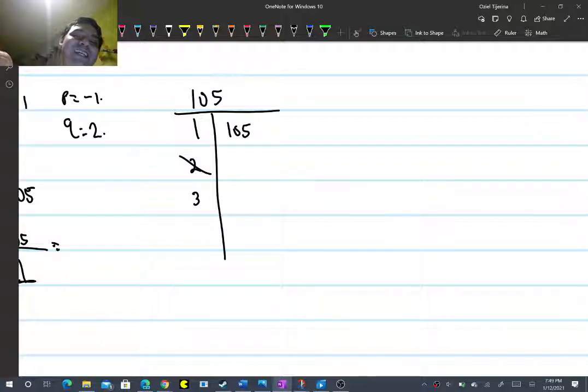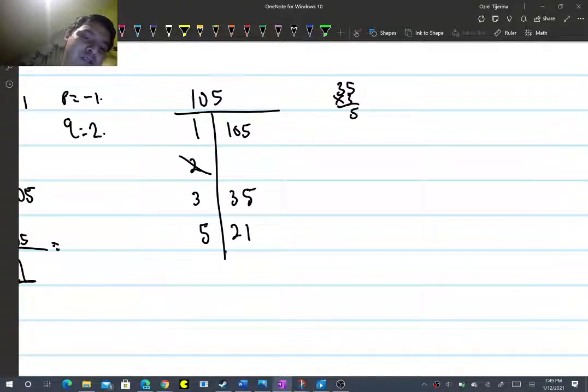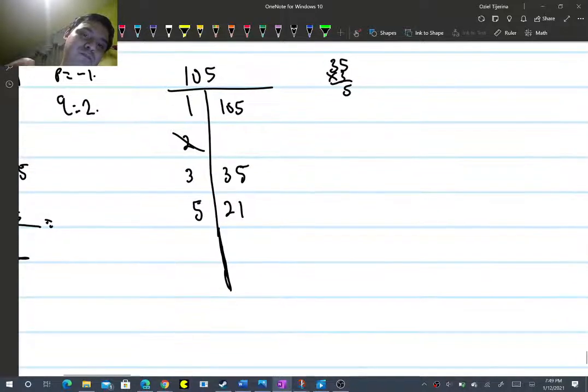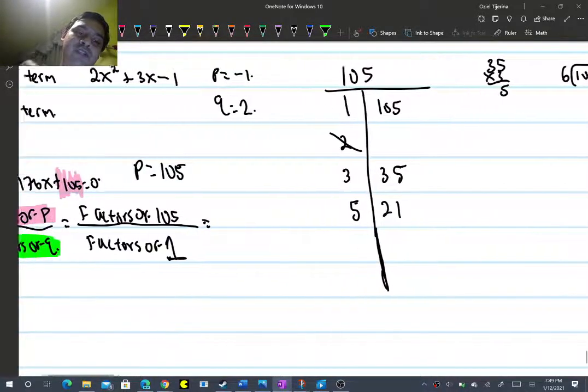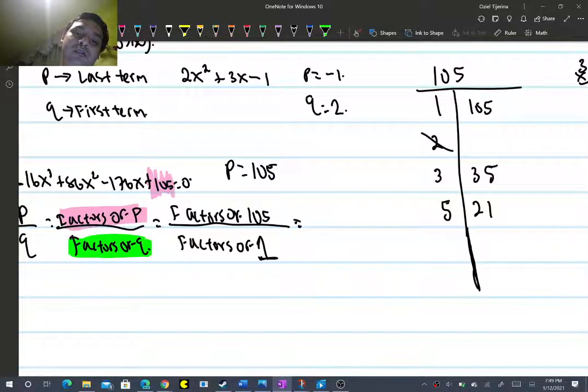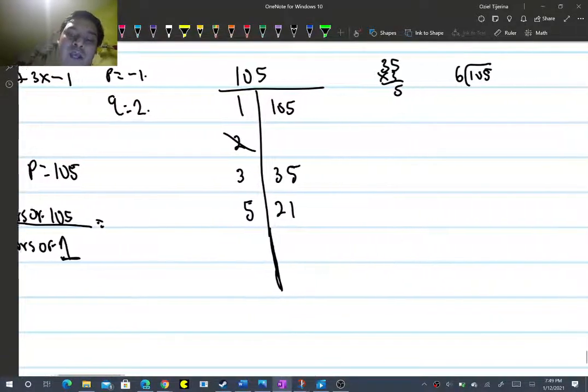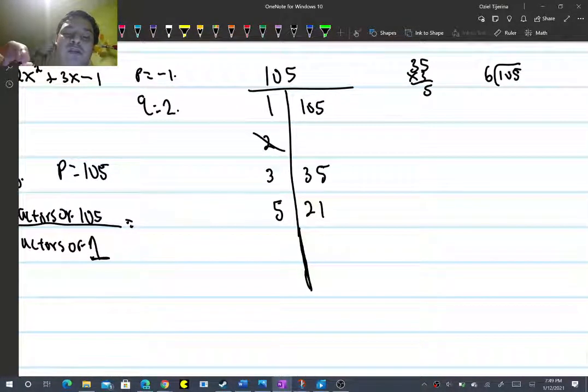So if you do 35 times 3, it would be 3 and 35, 5 and 21, and so on. Basically, you find the factors of each number, but there's one thing: you have to put plus or minus, because it's the positive and negative part.